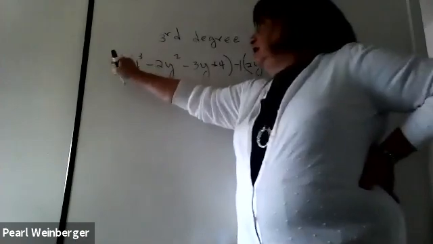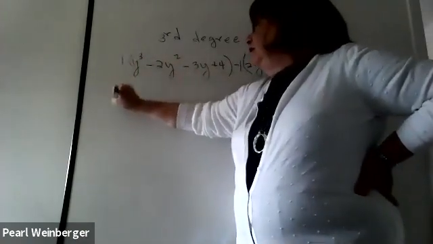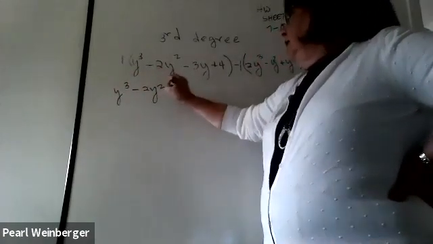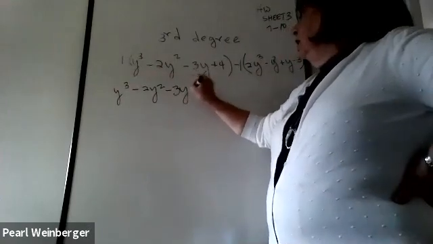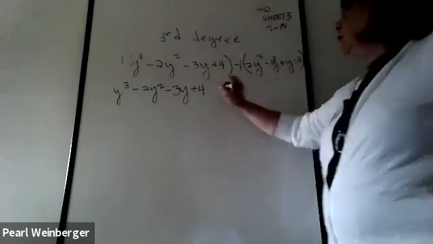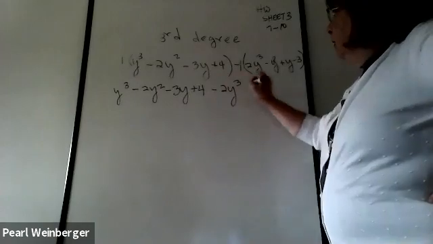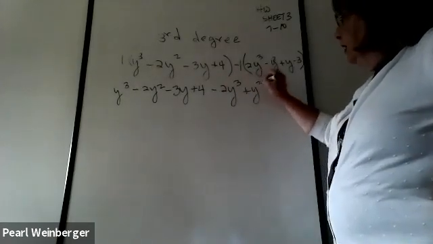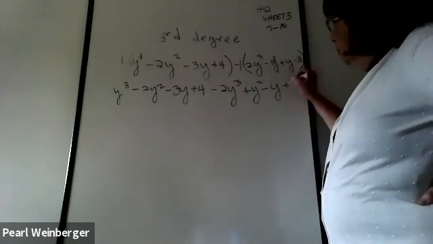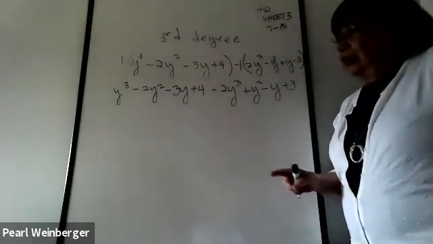Remove the parentheses, remembering if there's a positive 1, you just leave it: y cubed minus 2y squared minus 3y plus 4. And this one, I'm multiplying by negative 1, that will become negative 2y cubed plus y squared, because I'm multiplying everything by negative 1, minus y plus 3. So first remove your parentheses, and then you can look for your like terms.